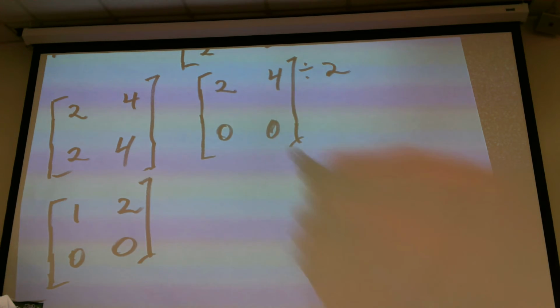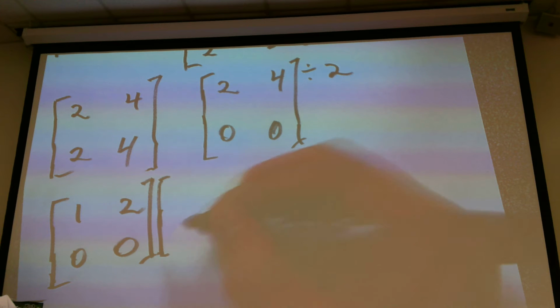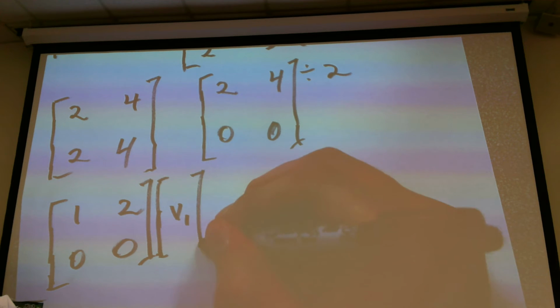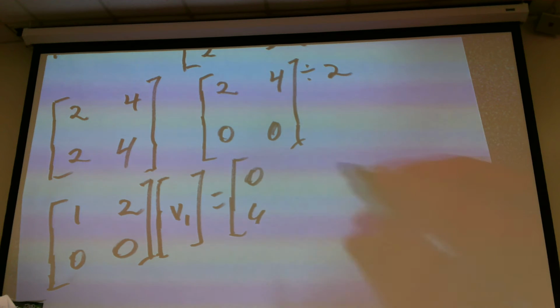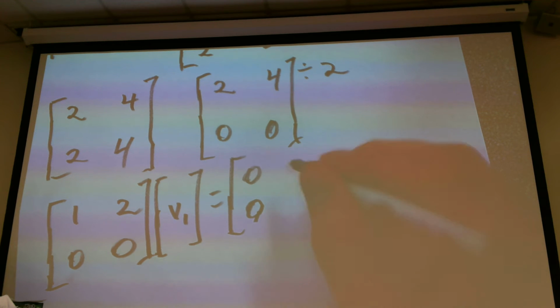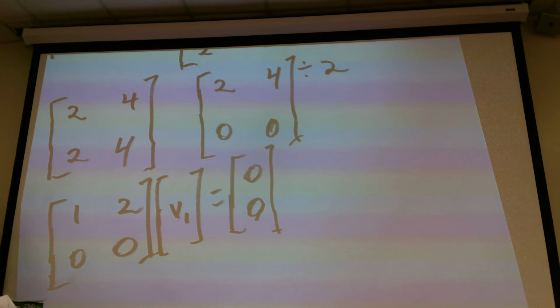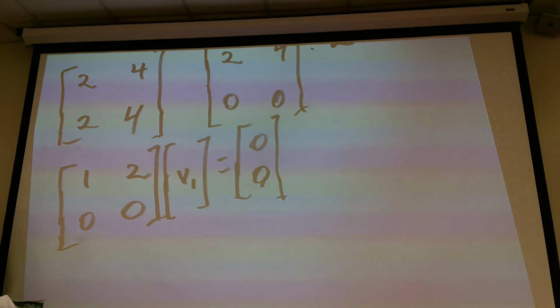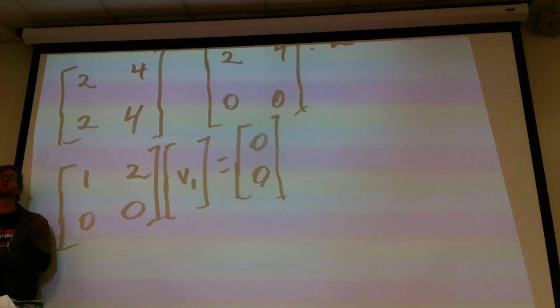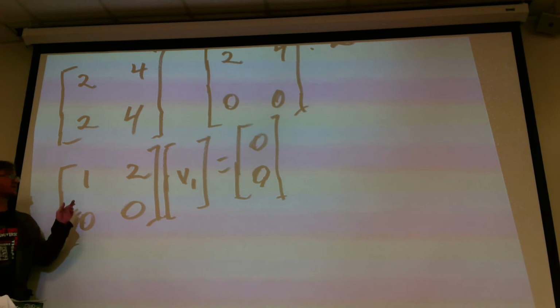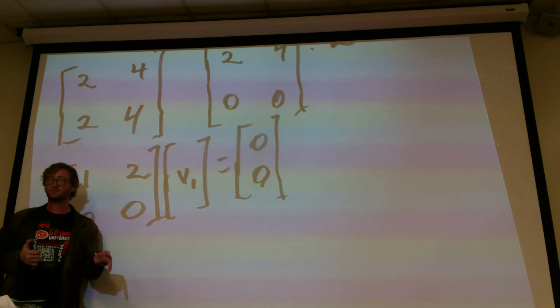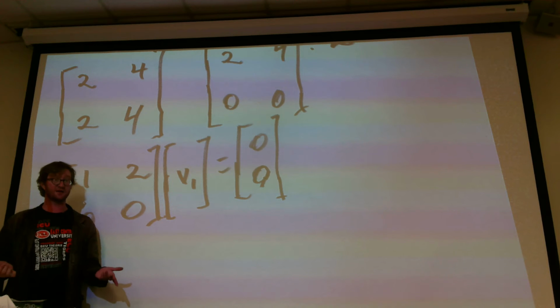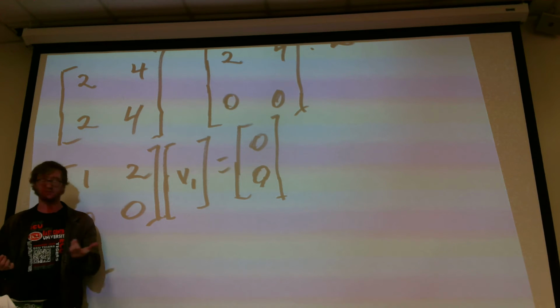Okay, now this has to act upon v1 to produce the 0 and 0. Okay, so this one says x1 plus 2x2 equals 0. Or that x1 equals negative 2x2.